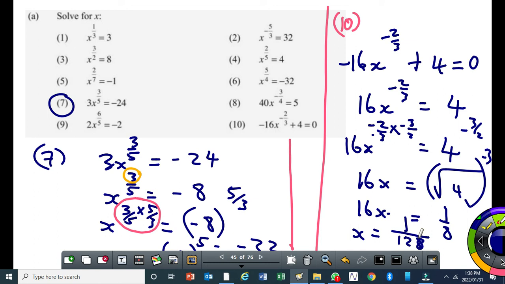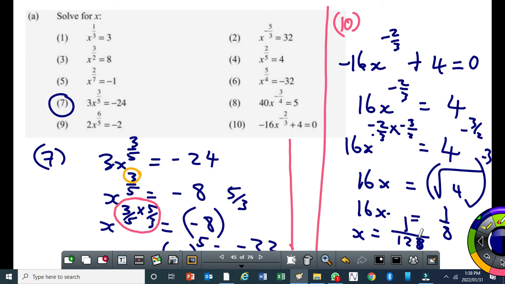Okay, wait, let me check if I didn't make a mistake. From here to there, that's fine. Right? Then 4 to the power of negative 3 over 2. This one here. I can write the square root of 4 raised to the power of minus 3. There's no problem there. The square root of 4 is a 2. 2 to the power of minus 3. It's negative what? 2 to the power of minus 3 is 1 over 8. We get 1 over 8.